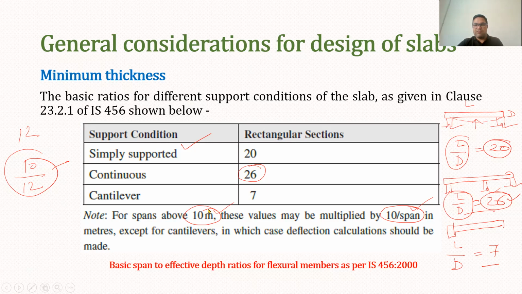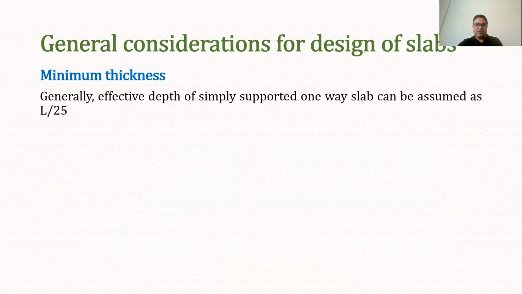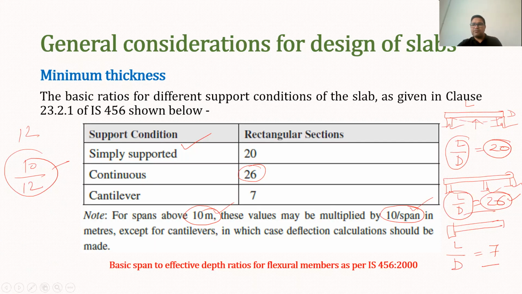So this deflection is dependent on that factor also, and therefore we find out that factor, which is called the modification factor. First I will show you that in the IS code, and then I will discuss how we can have some rule of thumb to initially estimate the depth of slab.